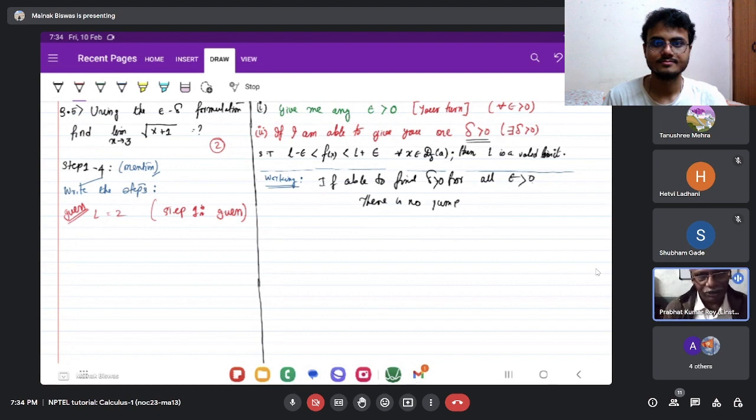Yeah, we can do it that way also, but we'll do the question the other way around. If you can choose for every delta and epsilon, vice versa is also true. Since it's a 1-1 map, there is no many to one mapping here. Right, so you can do that.